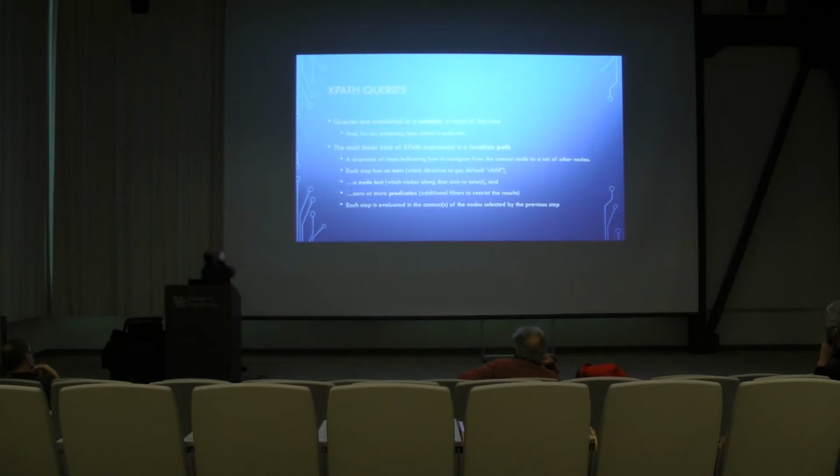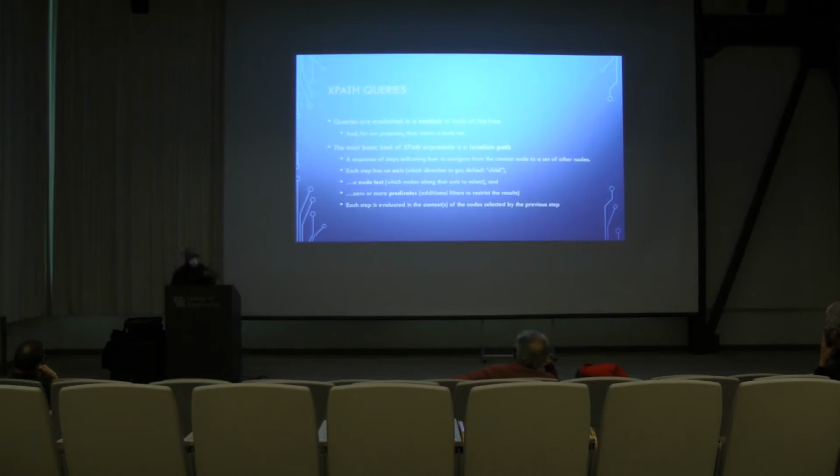So the most basic kind of XPath expression is a location path, which is just a sequence of steps that tell you how to go through the document from one set of nodes, initially just the context node, to another set of nodes, and from there to another set of nodes, and so on, until finally you arrive at the set of nodes that is your answer.